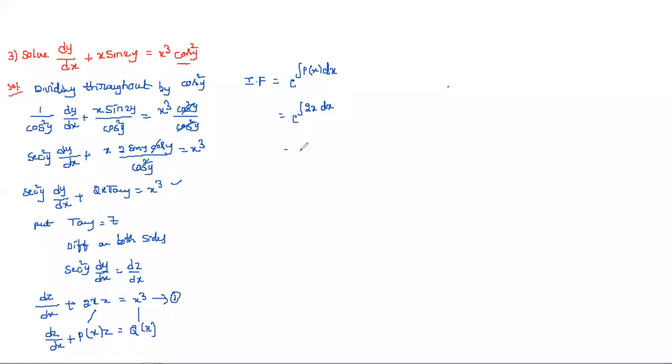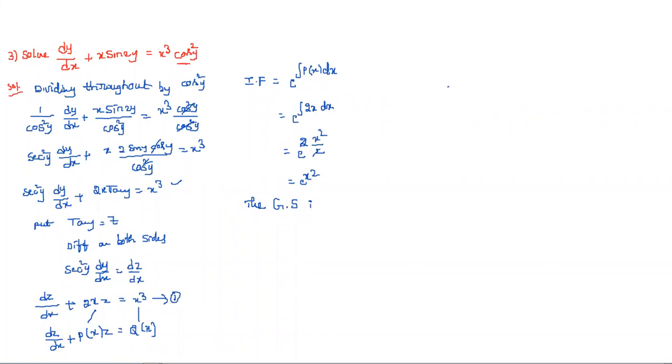So this is equal e power 2 is a constant and integral x is nothing but x square by 2. So here it is 2 both will cancel, and then what will get, e power x square. So this is the integrating factor. Now we have to write the general solution for this. So the general solution is, what about general solution?